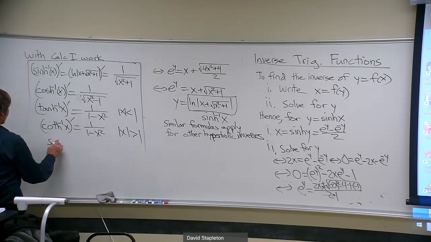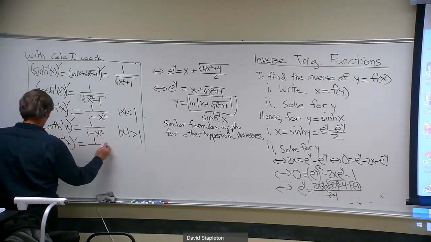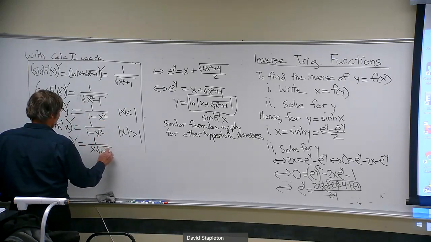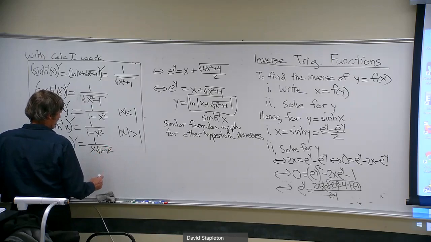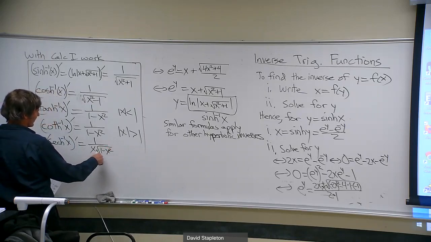Then the inverse hyperbolic secant of x has derivative negative 1 over x square root 1 minus x squared. Remember, the derivative of secant was 1 over x square root x squared minus 1, absolute value here.